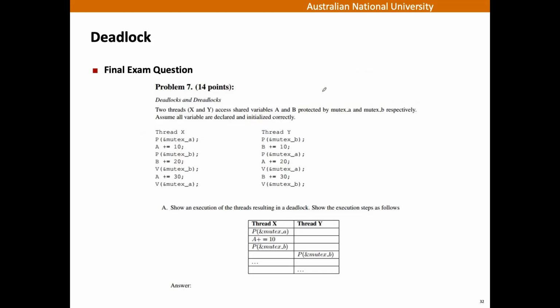What should I do? Grab a mutex BA. Is this something really quick I can do? I cannot change the ordering of A and B because that will be a different program.